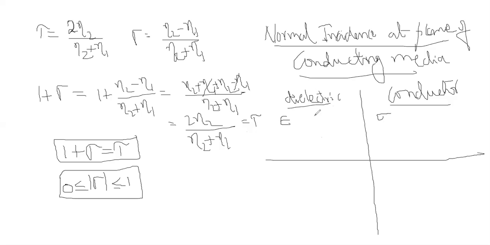When the dielectric is a perfect dielectric, epsilon is very high. A perfect conductor means sigma is very high.